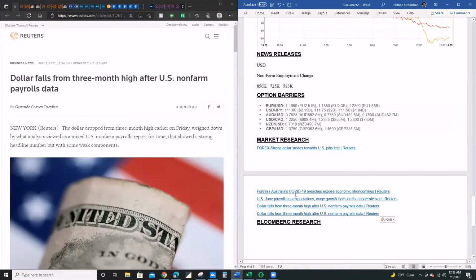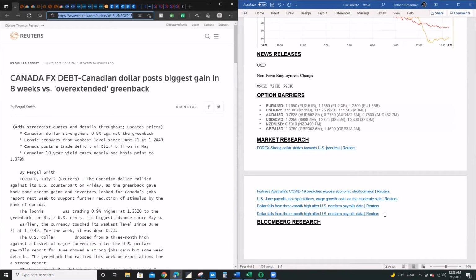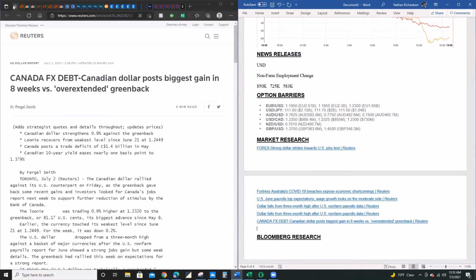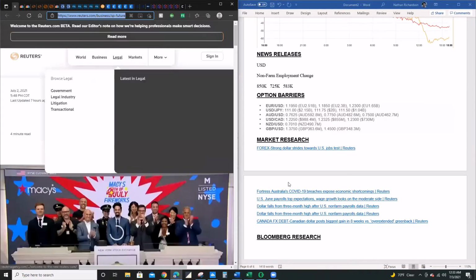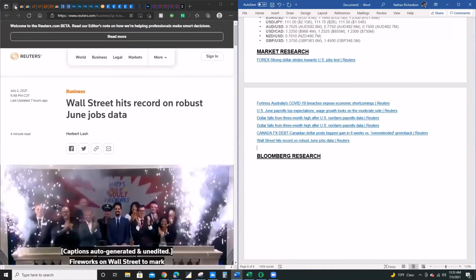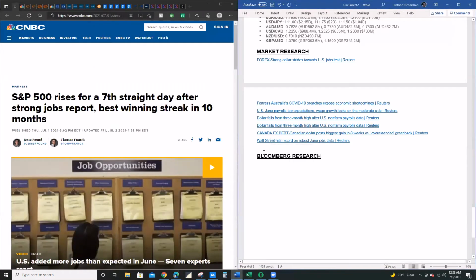I mean, all of these are talking about the dollar pretty much. There's one about the Australian dollar up there. Most of these are talking about the dollar because of NFP today. So it looks like a ton of articles. No, there's got to be a faster way to do this too. It's like a lot of articles, but they really are just the same thing over and over again.